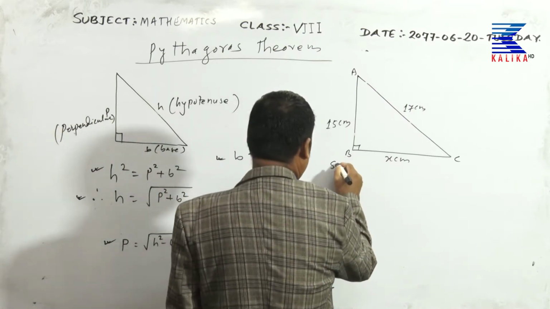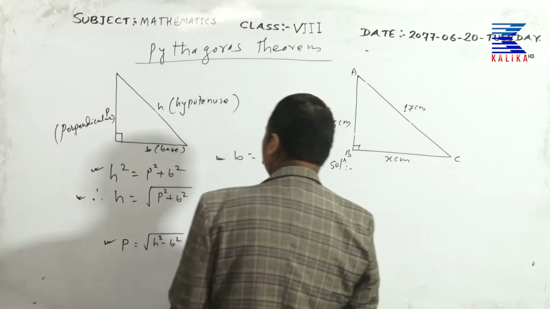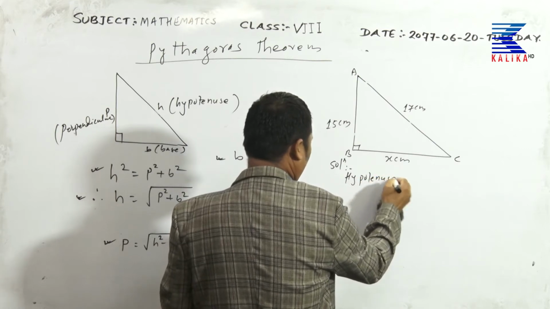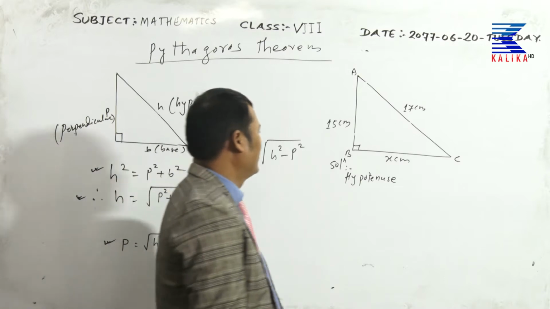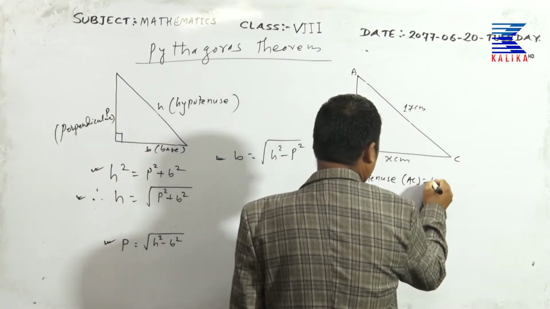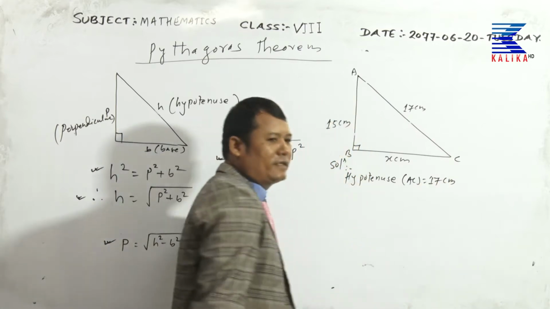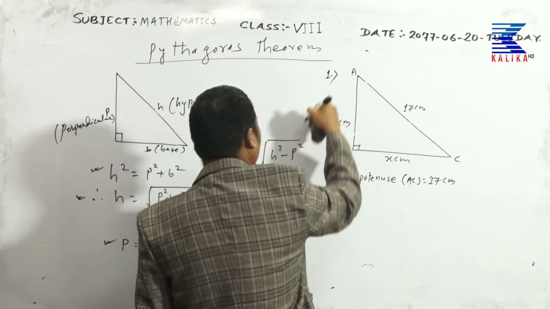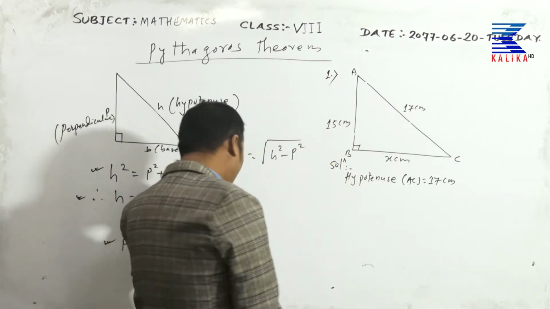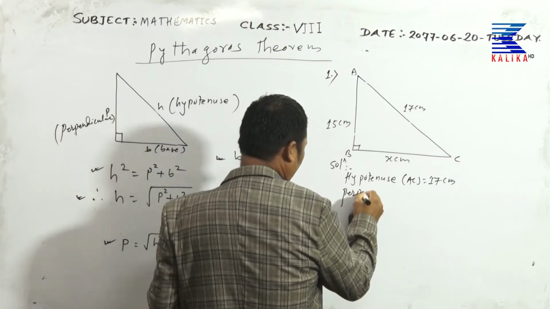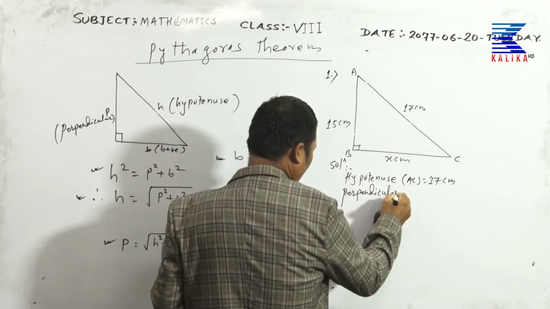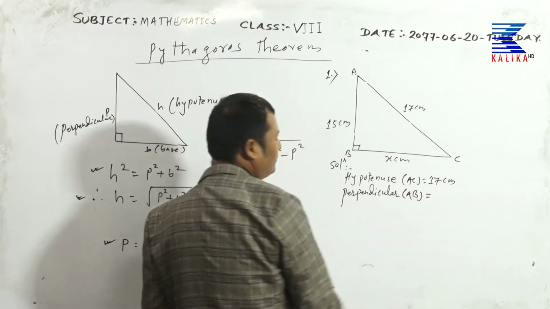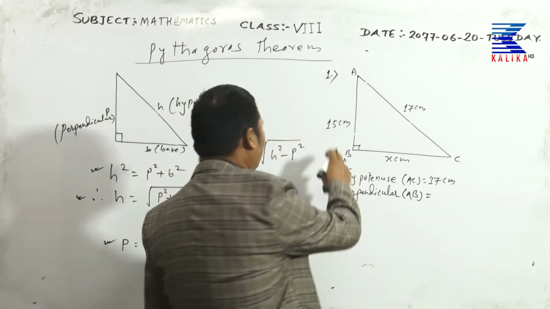And solution please. Hypotenuse AC is equal to 17 cm, and perpendicular AB is equal to 15 cm.